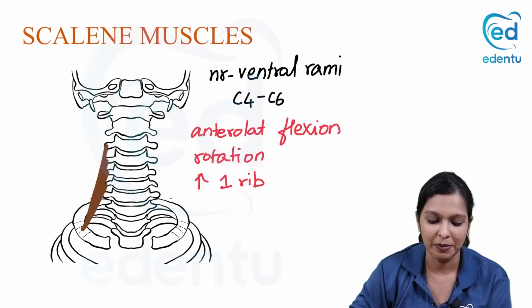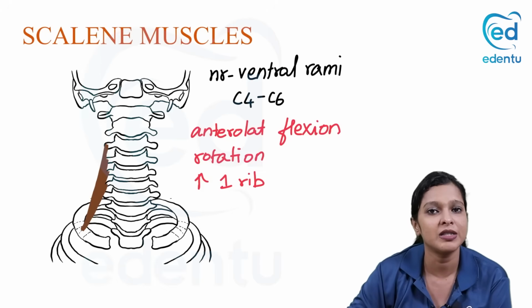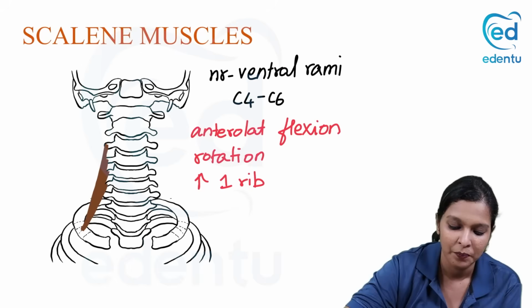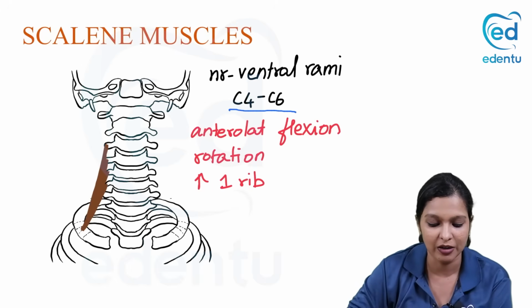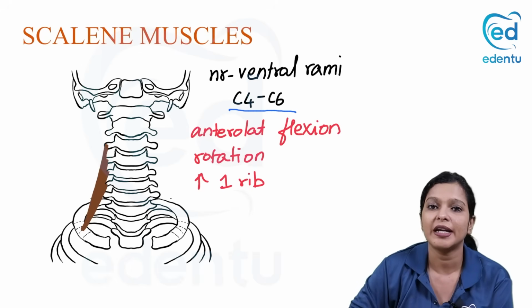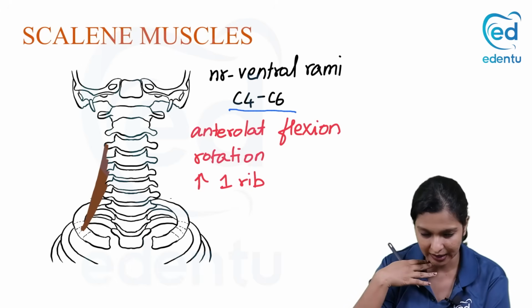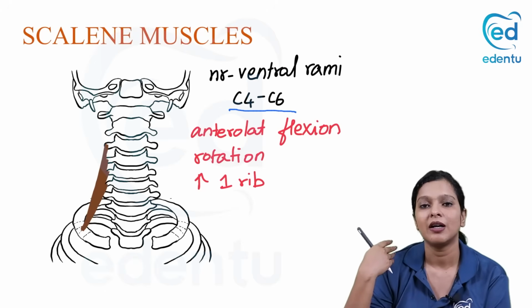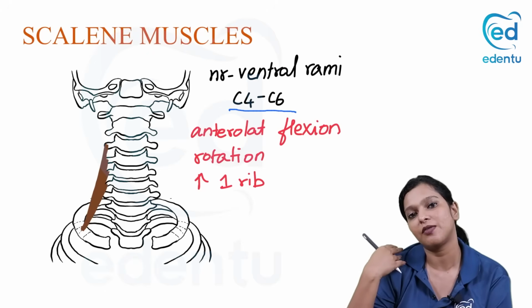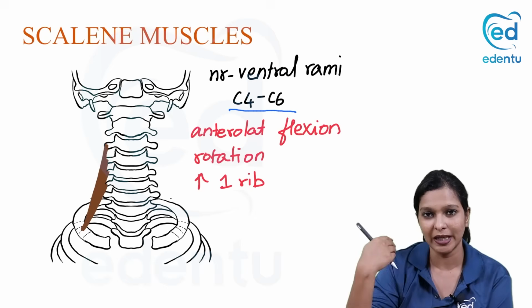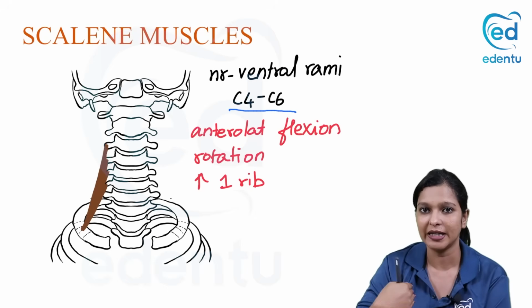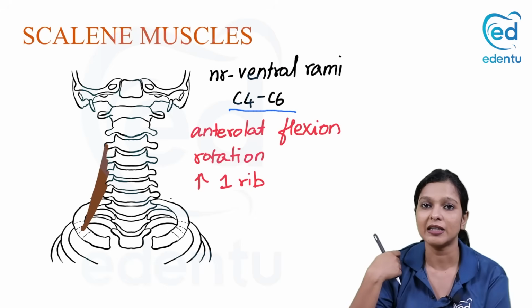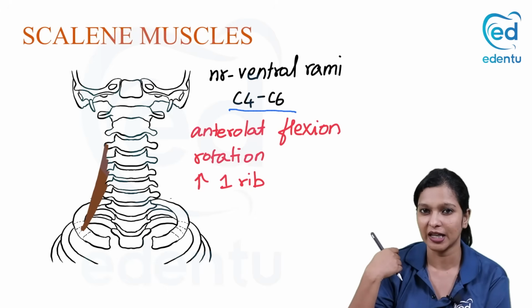The nerve supply is from the ventral rami of C4, 5 and 6. And the action is anterolateral flexion. So this is anterior flexion, or just flexion. When it moves to the sides, tilting, that is called lateral flexion. Whereas when it is oblique, in between the lateral and anterior, like this, that is called anterolateral flexion.